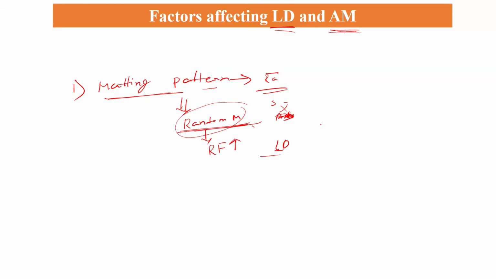You already described that if recombination increases, the LD block size will be narrow, so the LD block will be degraded. If recombination increases, LD decay will be high and LD size will decrease. So if self-pollination is there, in random mating the LD decreases.